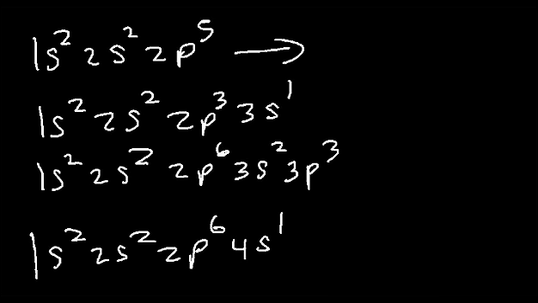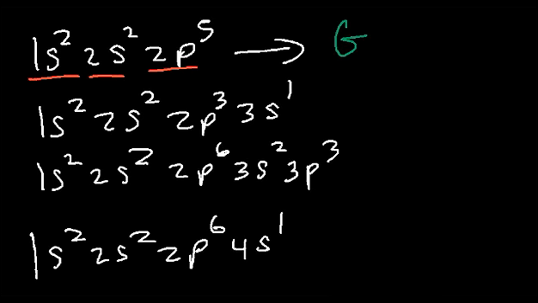Looking at the first one, after 1s comes 2s, and after 2s comes 2p. So there's no jump. So this is a ground state electron configuration. All of the electrons are in their lowest energy levels.